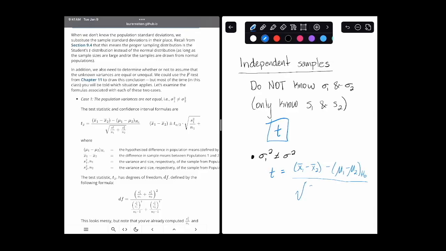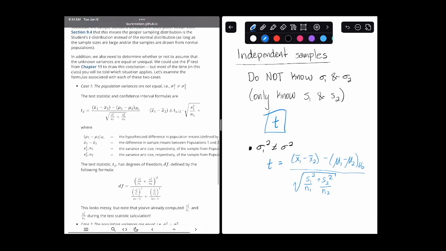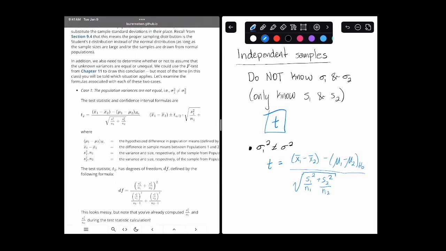So we have the square root of s1 squared over n1 plus s2 squared over n2, all under the square root. And in this case, this is our test statistic, and in the notes on the left, you can see this really big formula for degrees of freedom toward the bottom here. And so we would use this test statistic and that degrees of freedom.